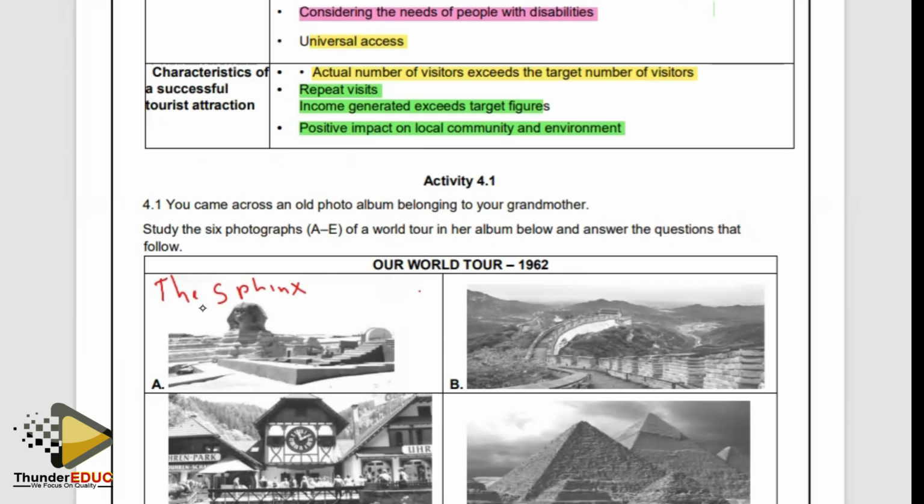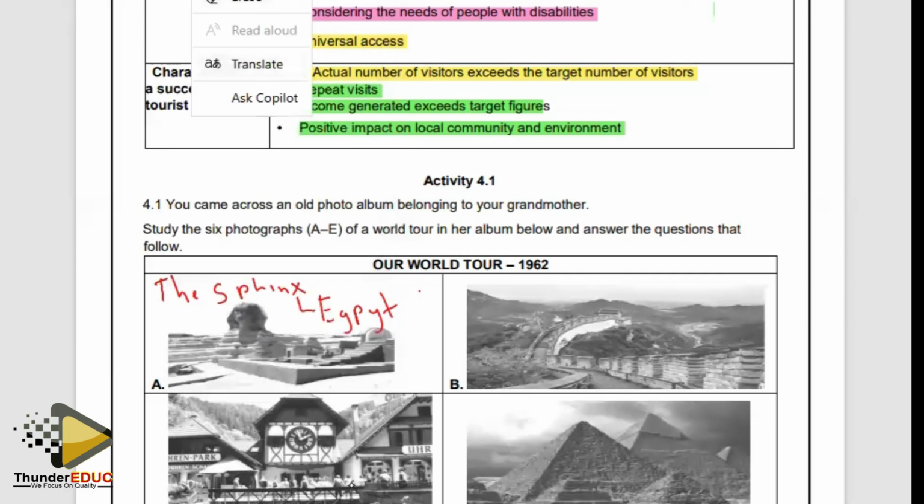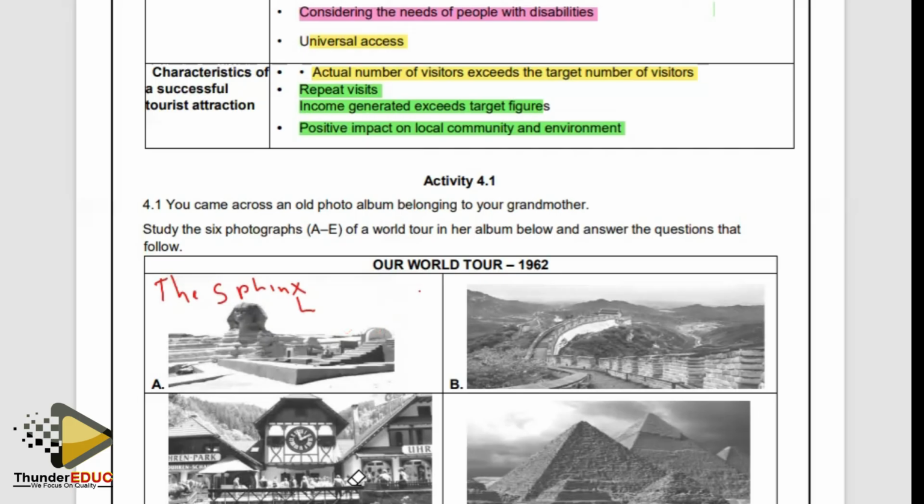So the Sphinx, as earlier discussed, is actually located in Egypt. So that is the Sphinx. The Sphinx is located in Egypt.